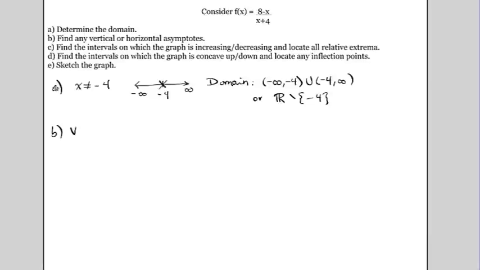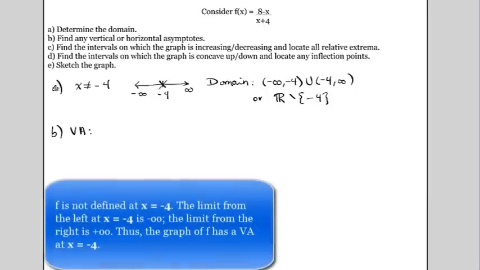For part B, we need to find vertical and horizontal asymptotes. First, we'll find a vertical asymptote. This is found by setting the denominator equal to 0 and solving for x.